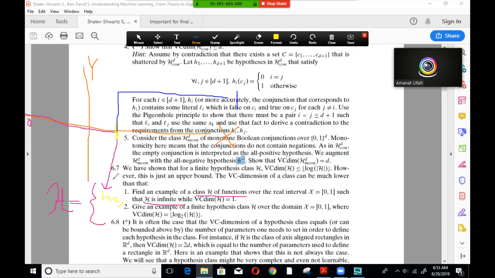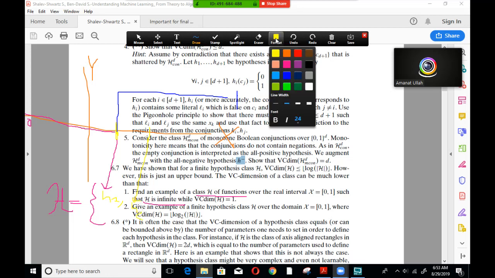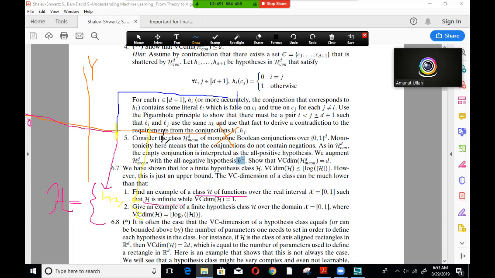This point can be here, so this is another hypothesis. This point can be here, so this is another hypothesis, and you can have unlimited hypotheses in this hypothesis class.